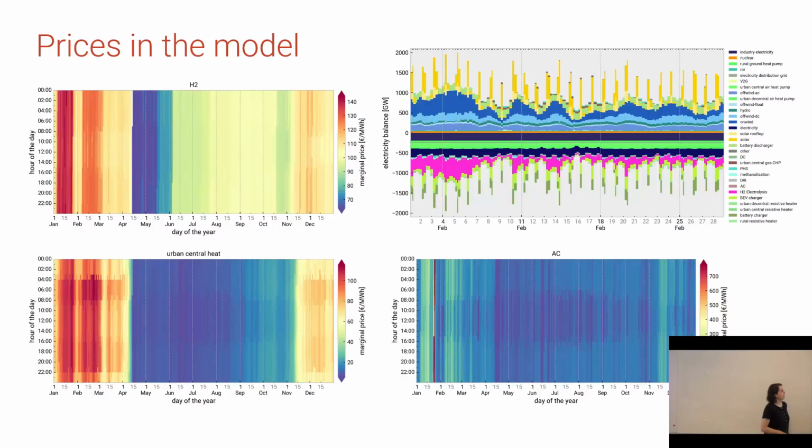All right, I'm going to try to be a little brief on the next slide. Because we have an energy balance in every node and for every different energy carrier, we get a KKT multiplier that can be interpreted as the price of hydrogen or heat or electricity in every hour, in every time step that we are modeling through the year.